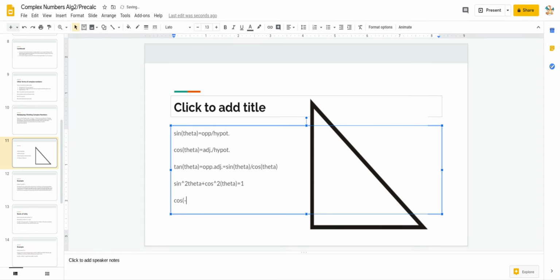So here are some more important identities. Cosine of negative theta is equal to cosine theta. Sine of negative theta is equal to negative sine theta. Then cosine of 180 minus theta is equal to negative cosine theta.